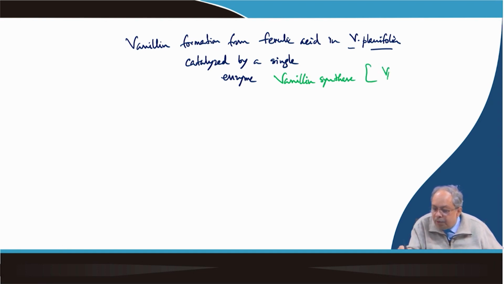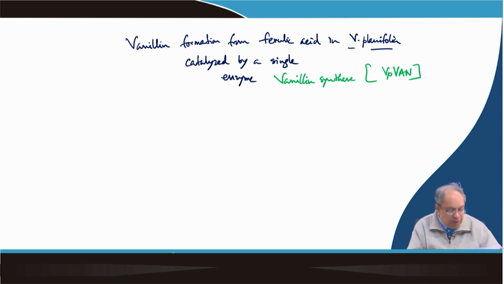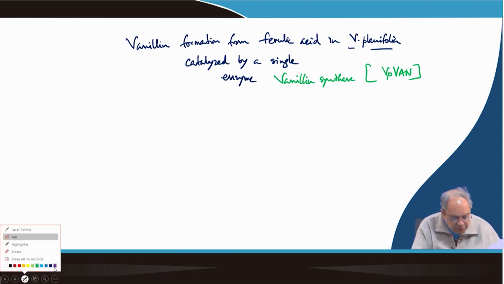So, VP van, they have given this vanillin synthase, VP van, and what they proposed is that this VP van is basically converting ferulic acid to vanillin, and let us see how that ferulic acid is formed. So, that ferulic acid is basically forming from this caffeoyl CoA. I will not draw the structure because all structures we have seen in the previous classes.